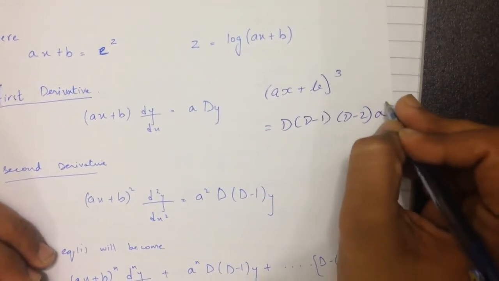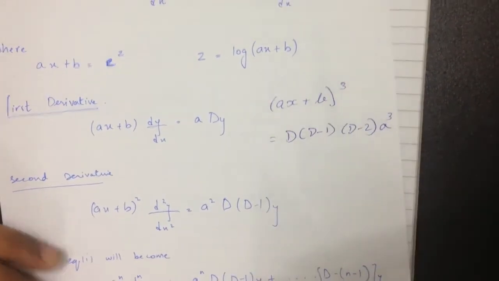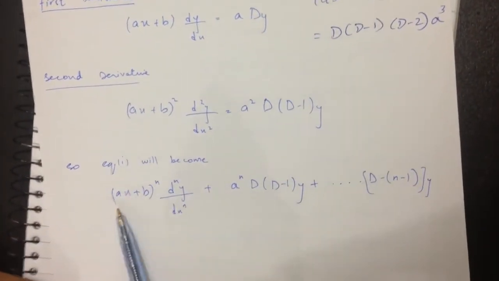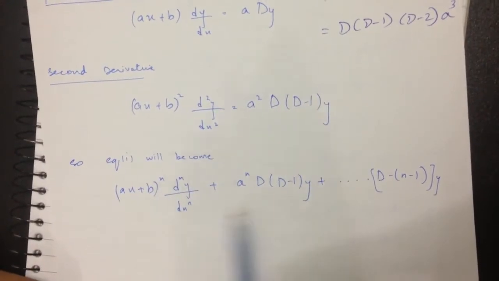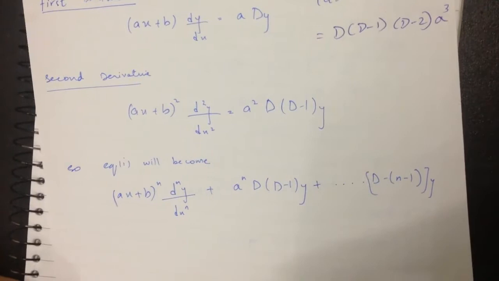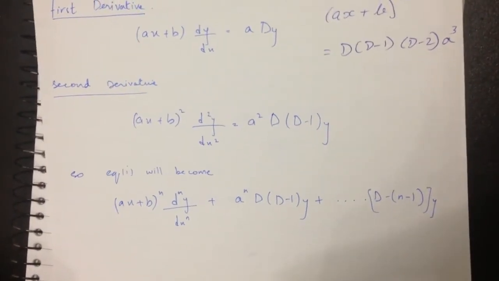That's how it follows. And so equation 1 will become (ax + b) d^n y over dx^n plus a^n D(D - 1) y, and then it follows the rules.